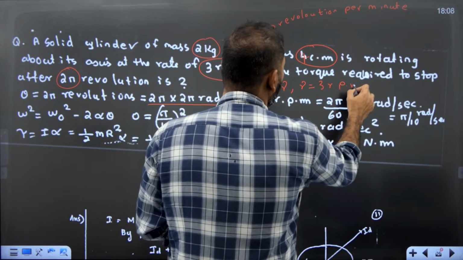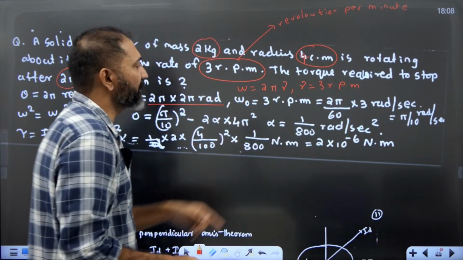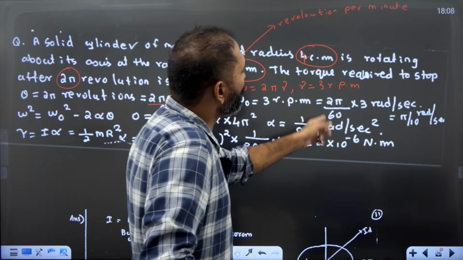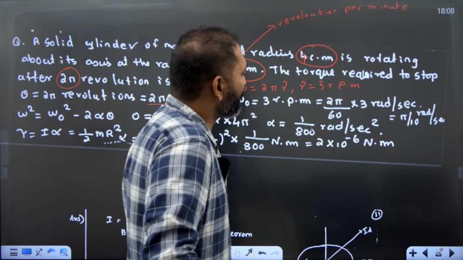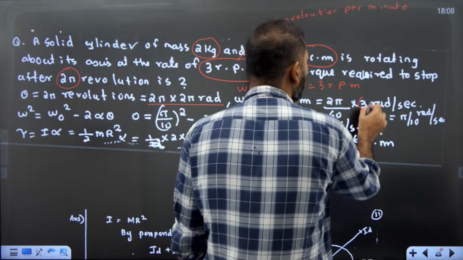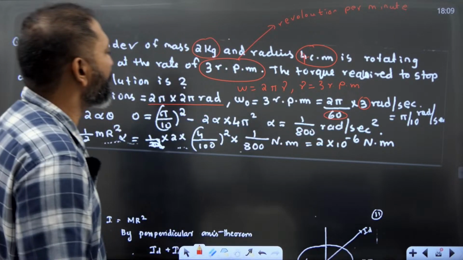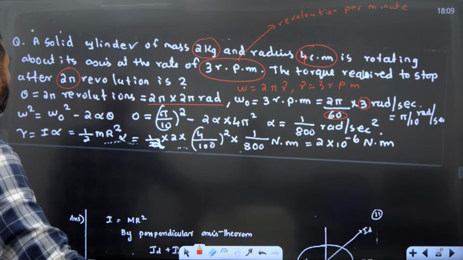So initial angular velocity is 2 pi into frequency, and 3 rpm should be converted to 3 by 60 rps. That is the reason for 3 by 60. That is the initial angular velocity.